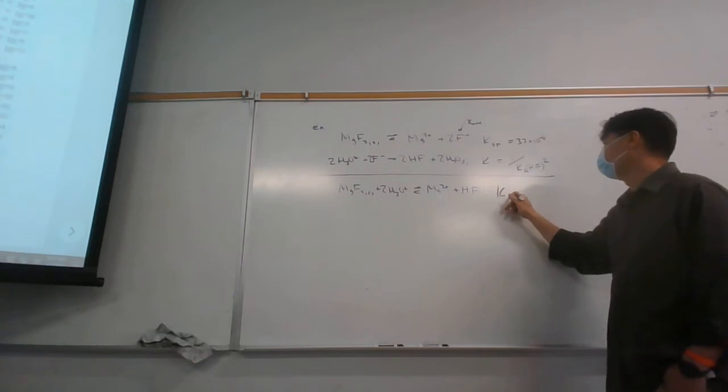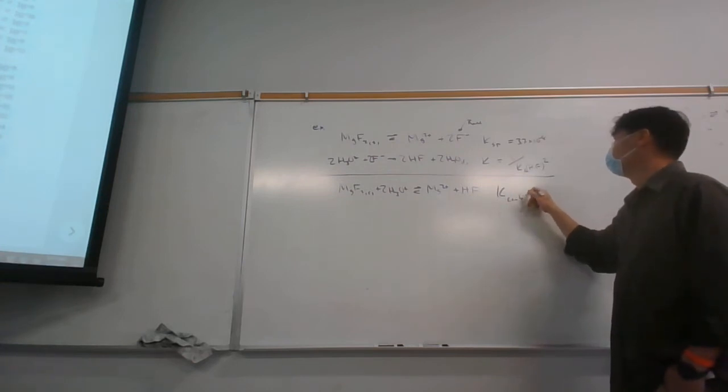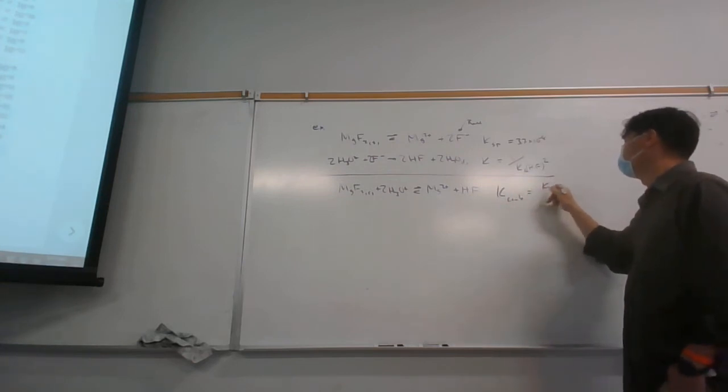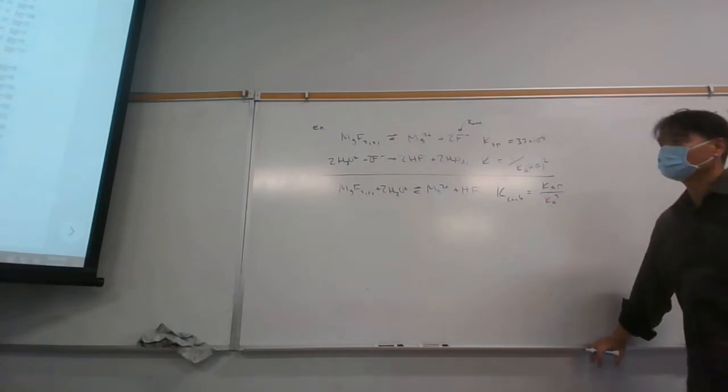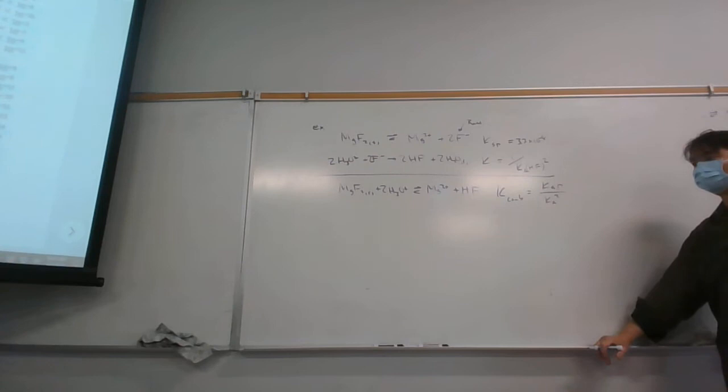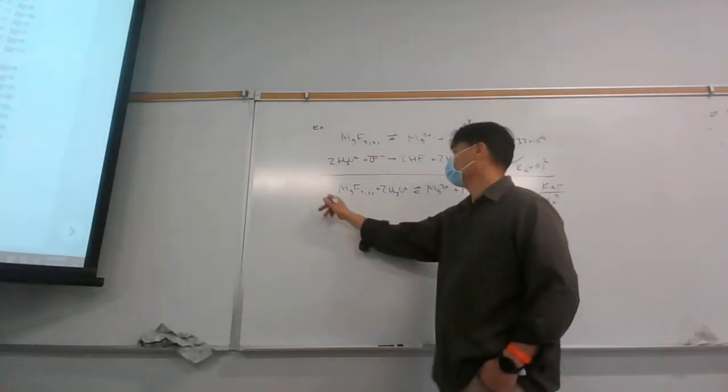So the K for the combined is equal to the KSP divided by the Ka squared for HF. Then we can do an ice table here.